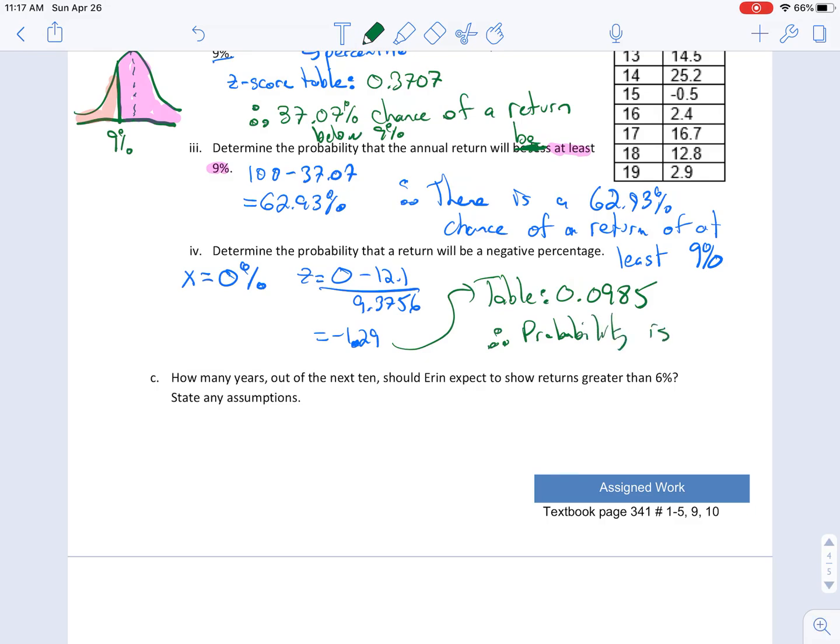So therefore, the probability is 0.0985 or 9.85%. So very small probability that you'll get a negative percentage.